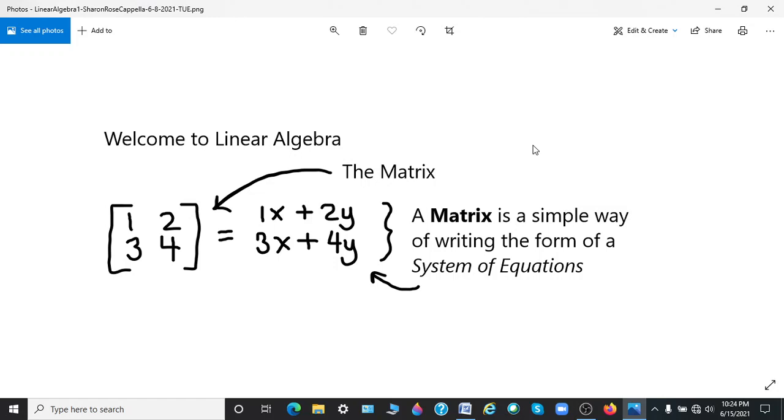Okay. So you take the system of equations and you form a bracket around the numbers only. The point of the matrix is to eliminate the variables altogether, so you are working only with the basic numbers, and you can do your calculations with respect to the relationship of the numbers to each other.